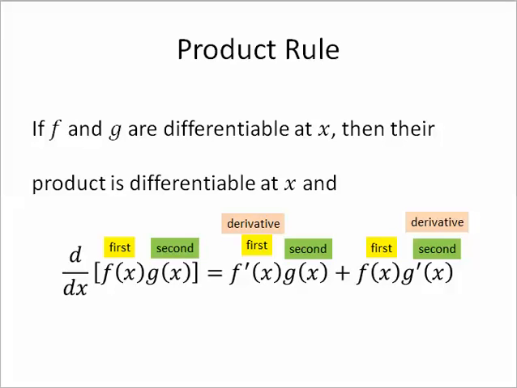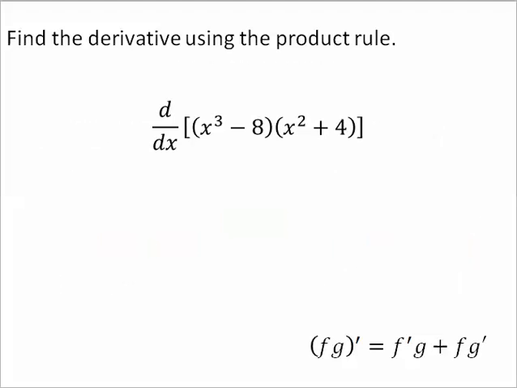The derivative of a product is the derivative of the first times the second plus the first times the derivative of the second.